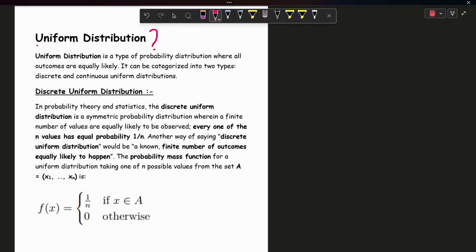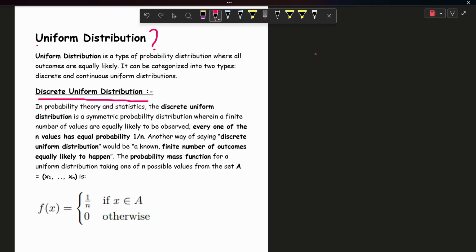For discrete uniform distribution, we use the probability mass function. What is discrete uniform distribution? In probability theory and statistics, the discrete uniform distribution is a symmetric probability distribution wherein a finite number of values are equally likely to be observed. Every one of the n values has equal probability 1 by n.